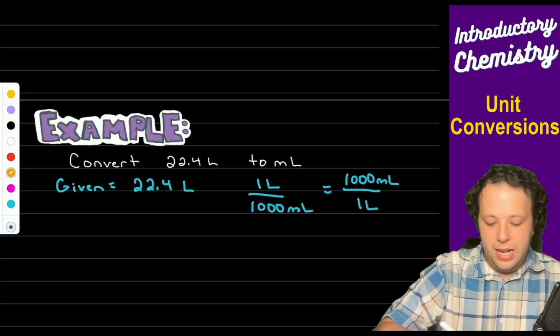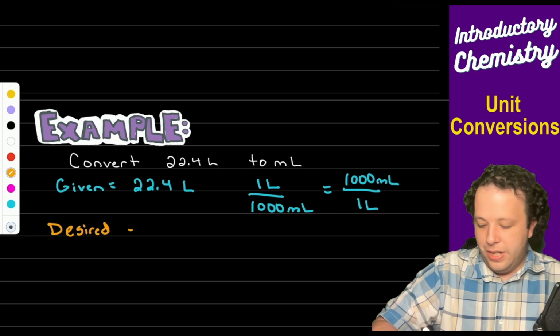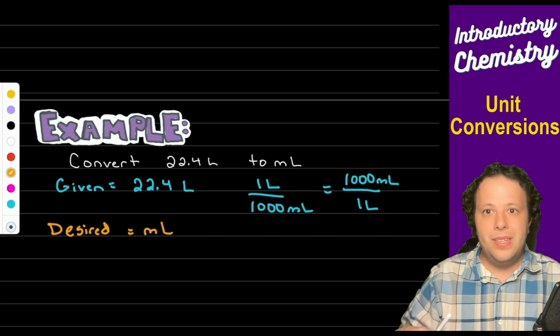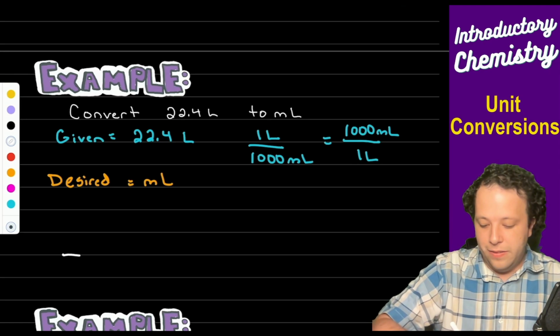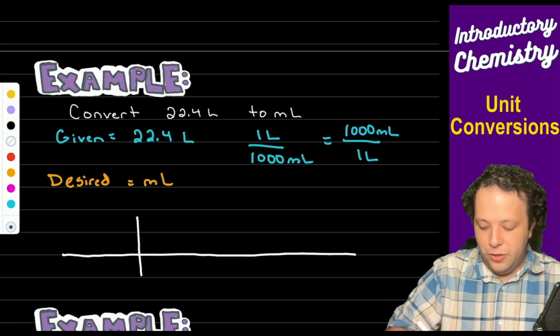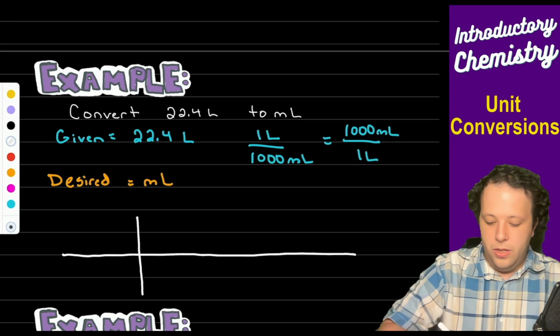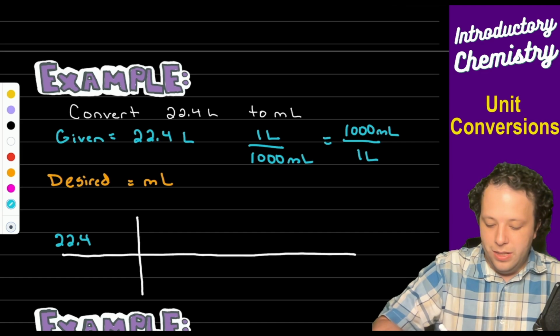And what we desire is that we want to find mLs, okay? So let's set this up as a table for ourselves. We're going to write our little line, and we're going to show our T table. We will start with the 22.4 liters.